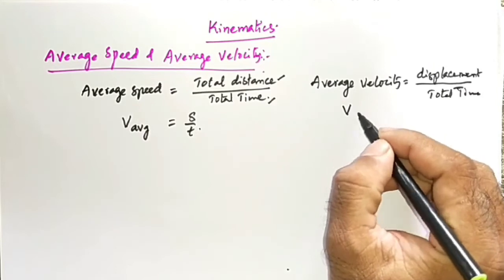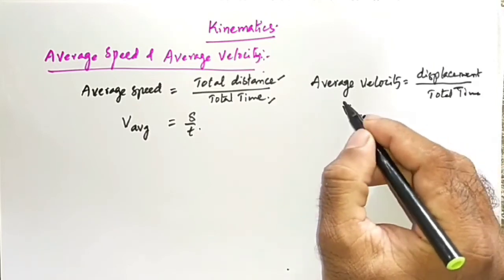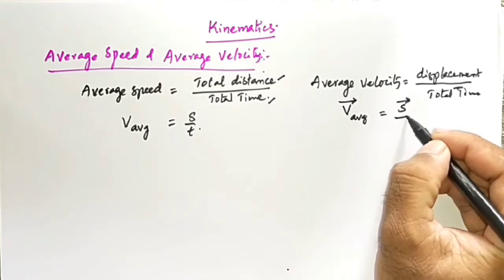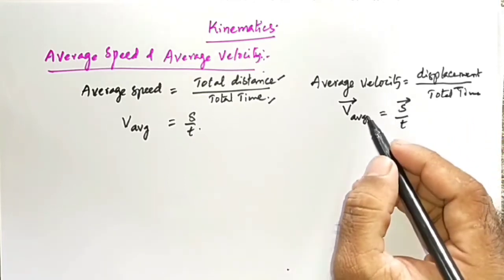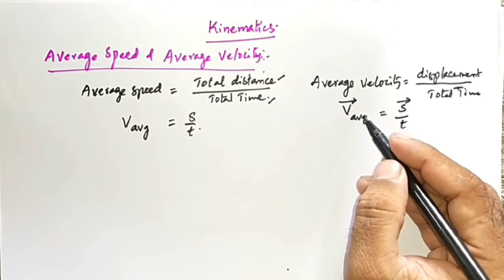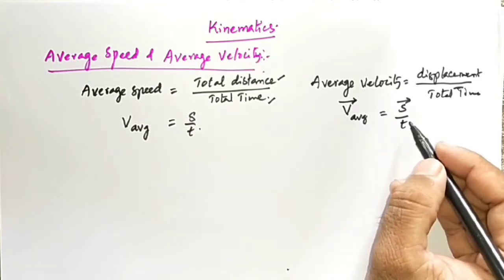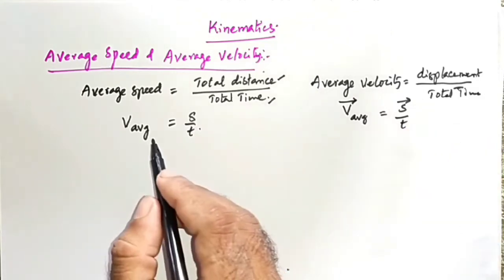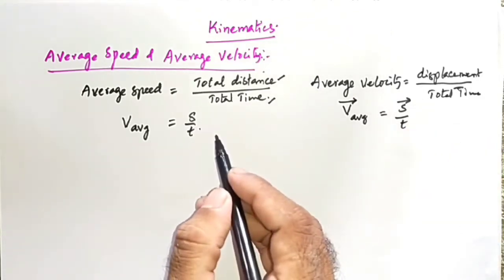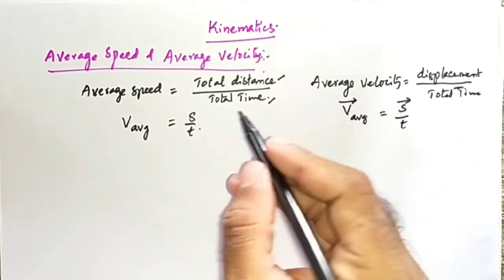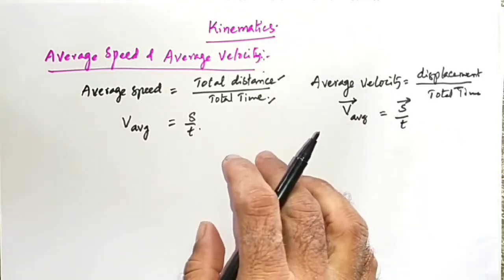It is denoted by V average bar is equal to displacement by time, because it is a vector quantity. Velocity is a vector quantity, average velocity is also a vector quantity. So average velocity is displacement by time, average speed is total distance by total time. Speed and velocity have the same units. There is no difference in the units of these two physical quantities.